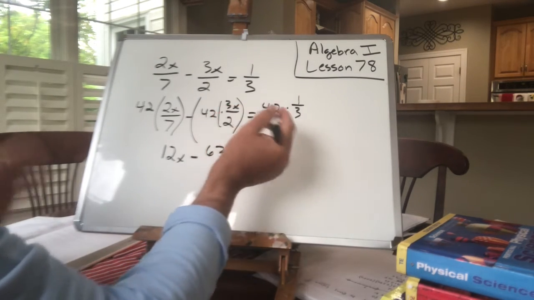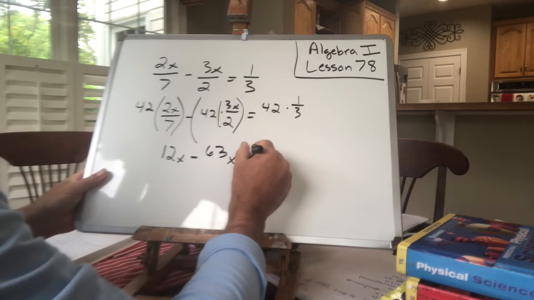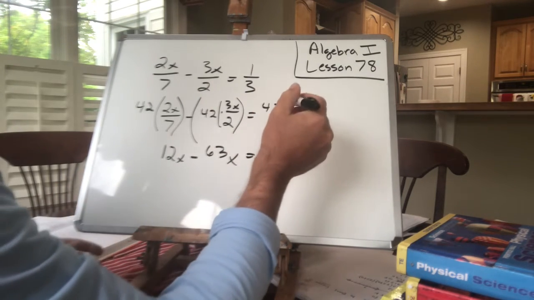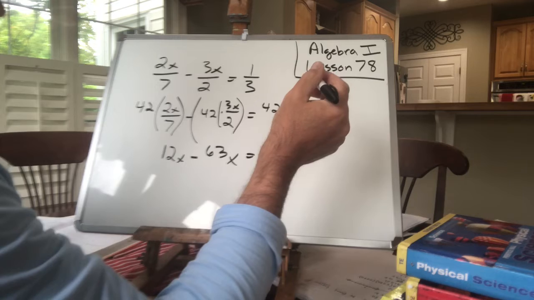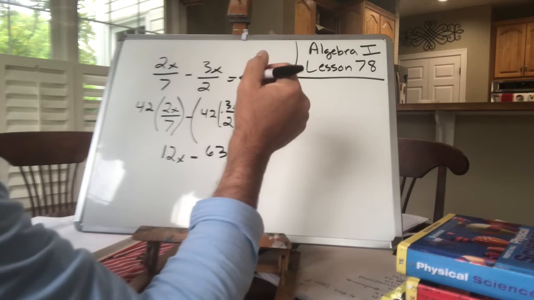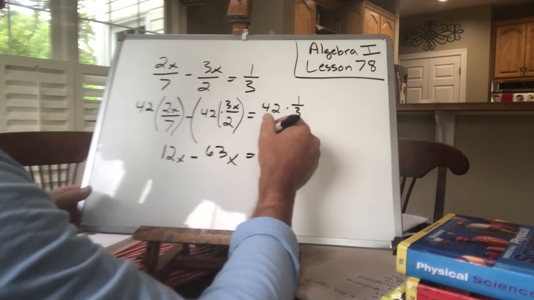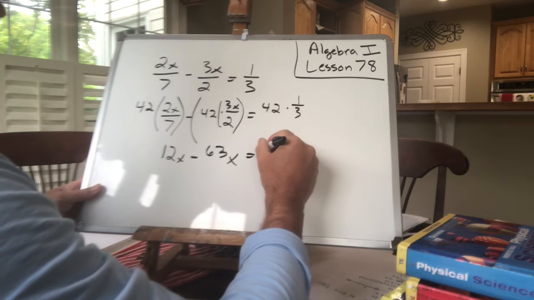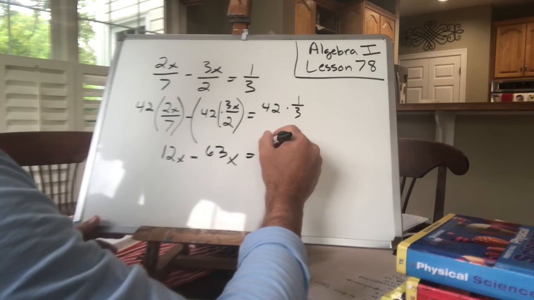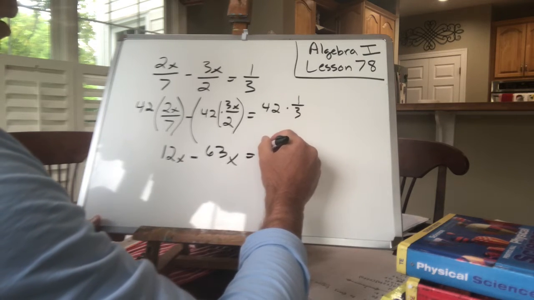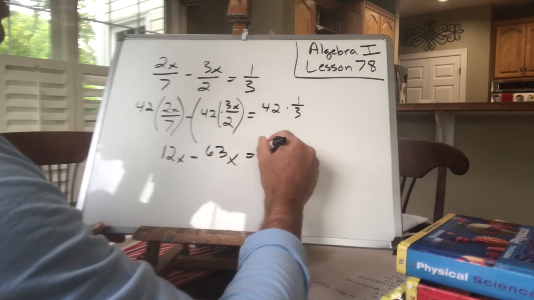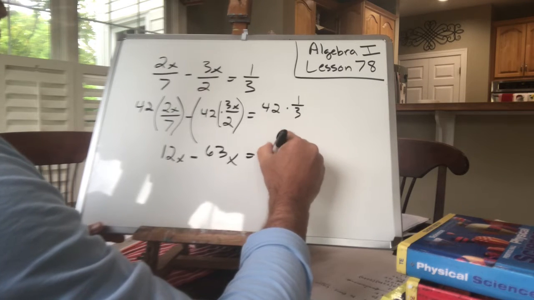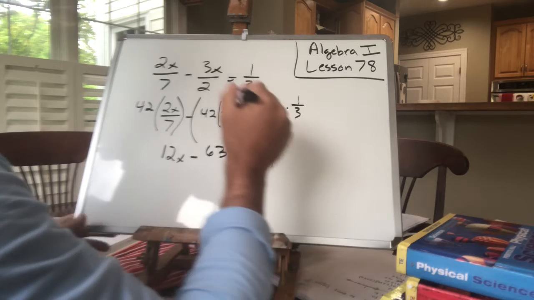Because that becomes a 1, so it's just 63x equals 42 and 3. That also will reduce down to 14 over 1, so it's just 14, right? Yes. 3 goes into 42 14 times.